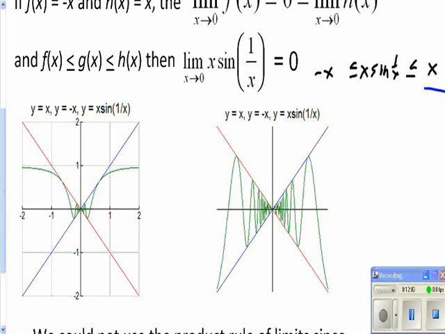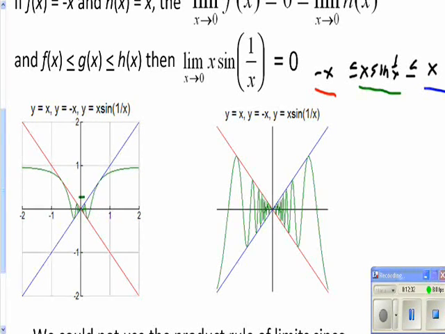If you graph your negative x, that's what we have in red on our graphs. You'll notice that the green is what we're looking at. You'll notice as you come in from each side, all the functions kind of go down towards that 0, 0, the origin. You'll notice the green is always going between the red and the blue.